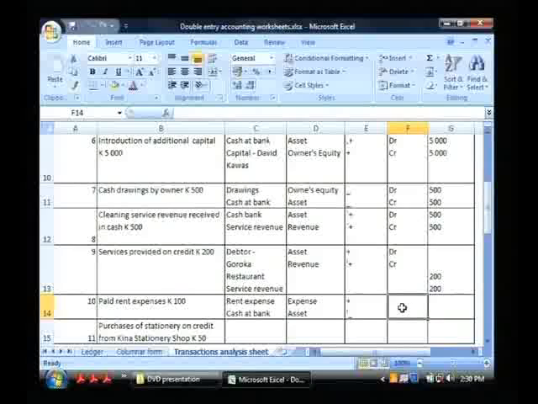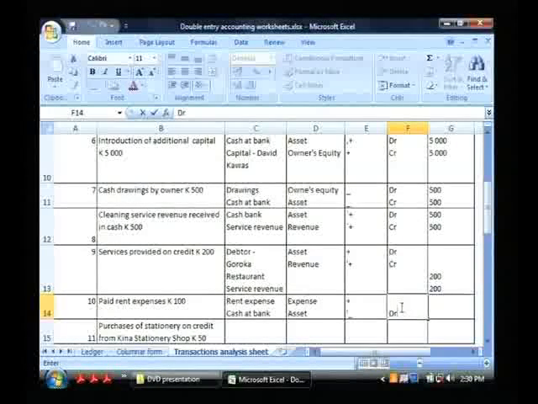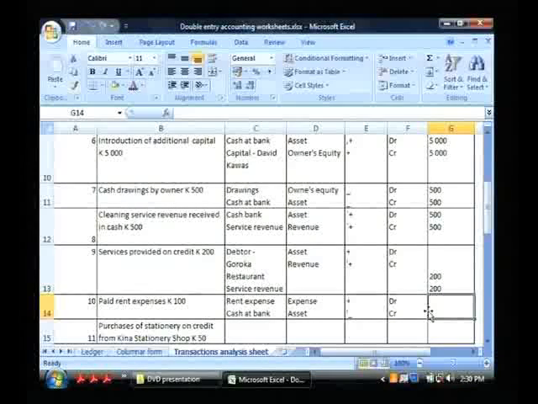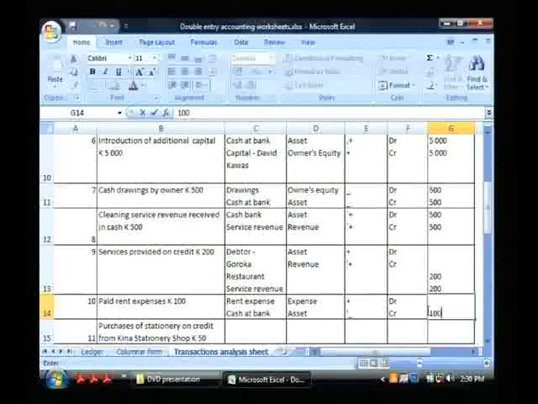Increases of assets, debit, decreases of assets, credit. So debit and credit, always debit and credit. Amount 100 kina, 100 kina here.